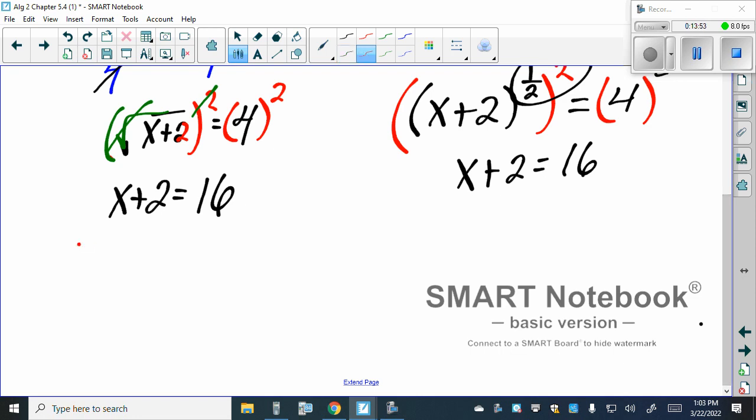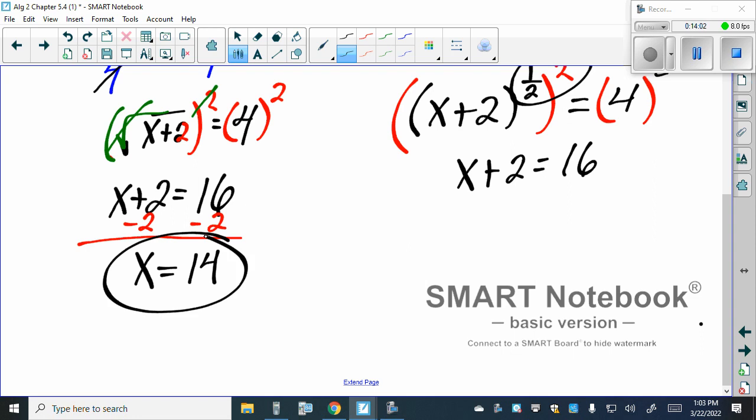Here, we're just having to subtract 2, telling us x is equal to 14. So did that one really add anything to what we were doing previously? Not too much. Because all we had to do was get the radical by itself, square, solve for x. Any questions on any of this here?